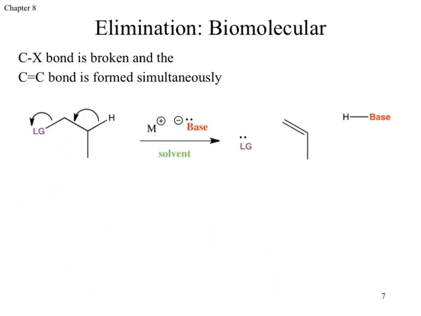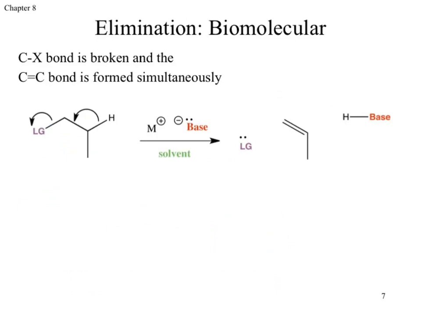With the E1, what helped facilitate that bond breaking? Heat. With the E2, as the name would suggest with that 2, a second species is introduced to help break that bond. That second species needs to be able to accept a hydrogen ion, which means it is also a base, and in particular a Bronsted base.